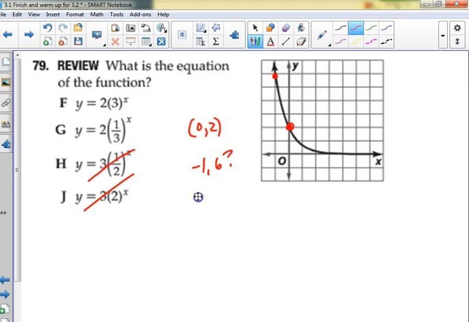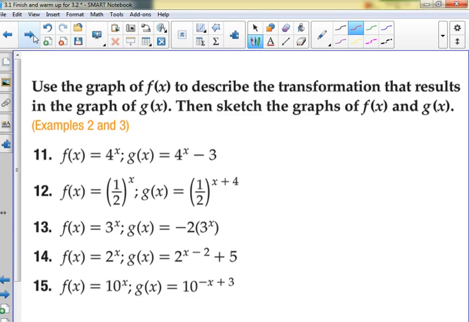Why is it G? It's decay, yes. Better? Okay. That would be a great no calculator question. It's not on the quiz, but you could handle that without a calculator, I hope. Maybe, eventually.